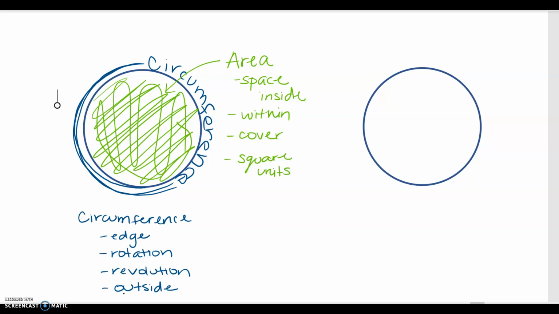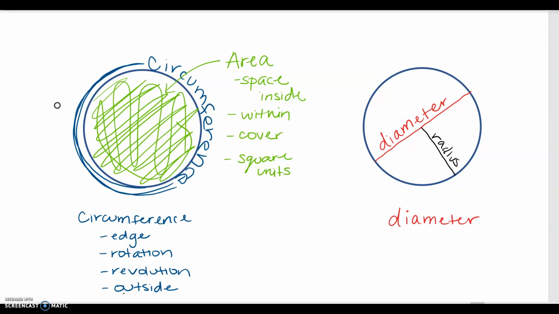Okay, so there's two other things that are really important on a circle. One of those things is if I were to take this circle and cut it in half, that is my diameter. The diameter goes all the way across the circle, and it's a longer word. Then from the center of the circle to the edge is called the radius.